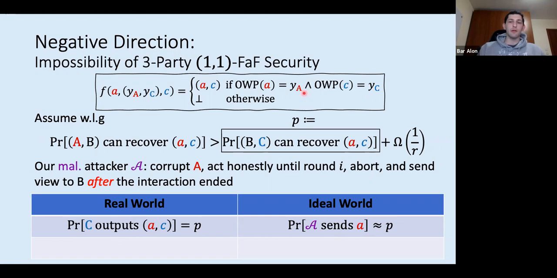So the trusted party will see the authentication fails, so he sends bot to everyone, including C. So C will output bot in that case.